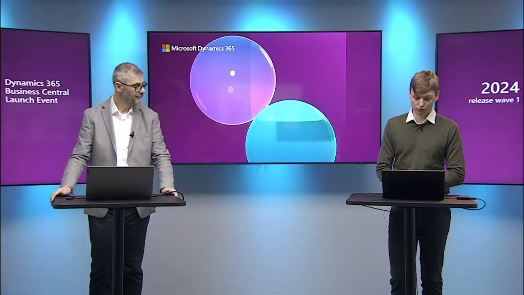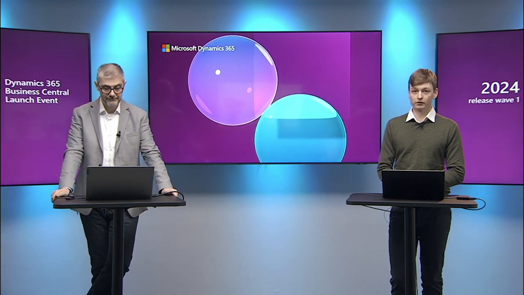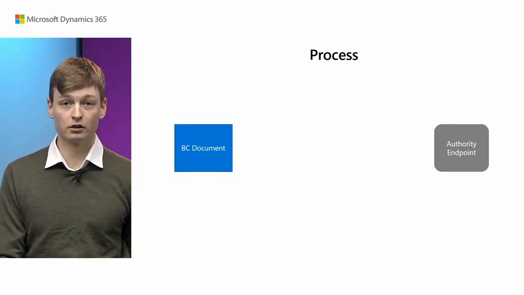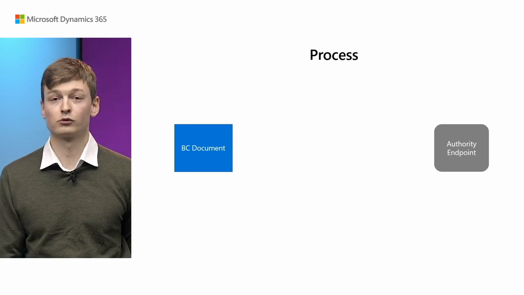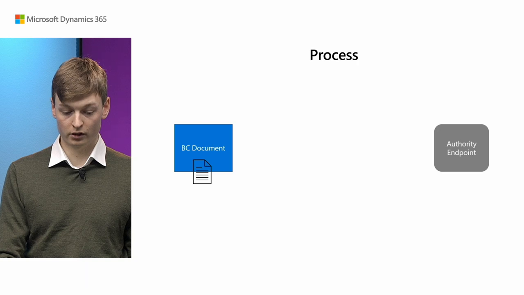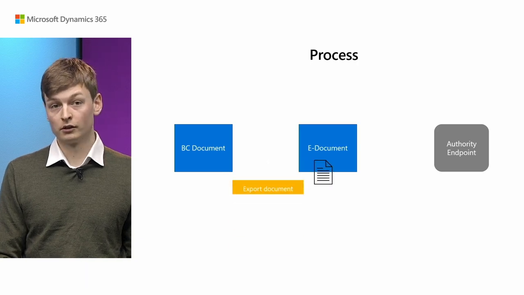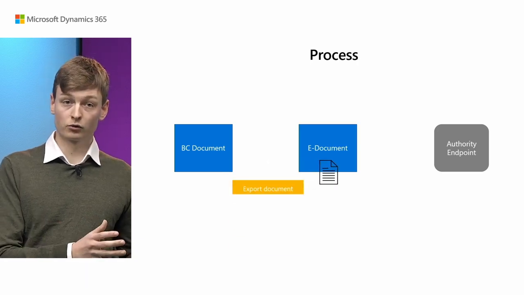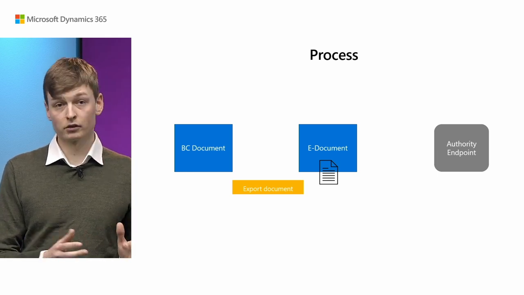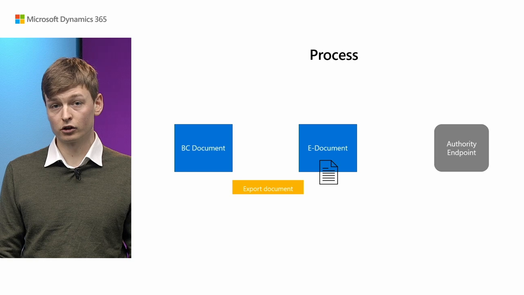So that's super cool. Let's recap a little bit of the process that I showed you for both sales and, vice versa, purchase. Essentially, we have a BC document that we need to send to some authority endpoint, usually. And we created e-documents such that you take a Business Central document and use an export format to create an electronic document version.